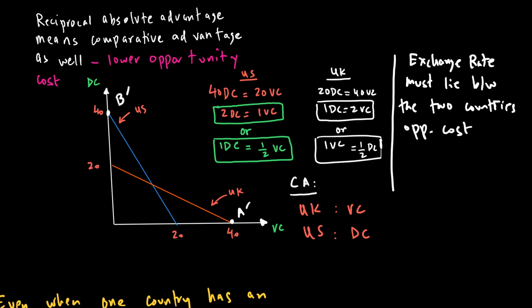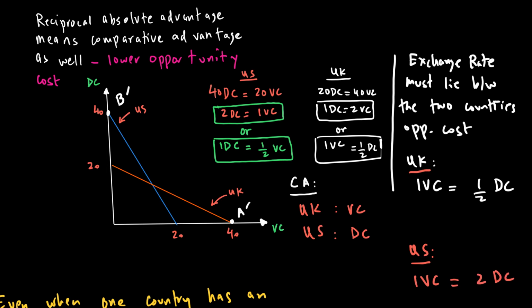So for example, if you look at UK, the opportunity cost is 1 vacuum cleaner is equal to half DC. For US, the opportunity cost is 1 vacuum cleaner is equal to 2 DC.